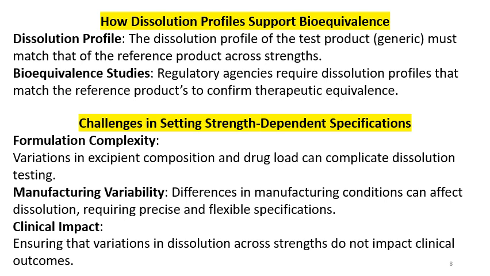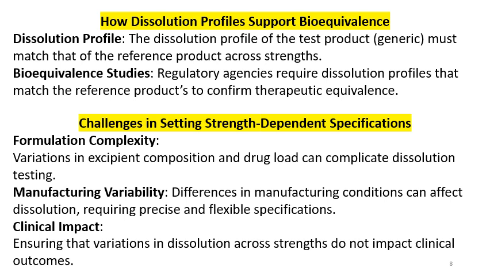Now coming to the challenges in setting strength dependent specifications. First is formulation complexity, second is manufacturing variability, third is clinical impact. Formulation complexity: variation in the excipient composition and drug load can complicate dissolution testing. Sometimes we go with the common blend approach for different strengths, or we go with the scale up scale down formula.